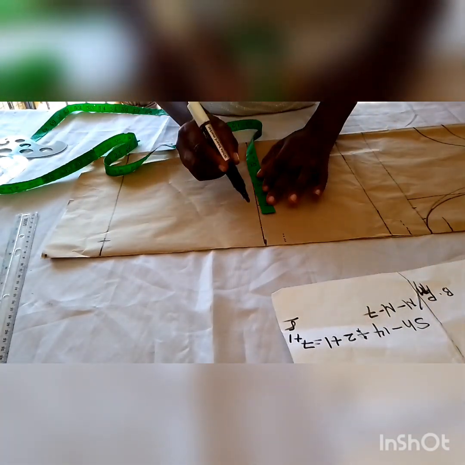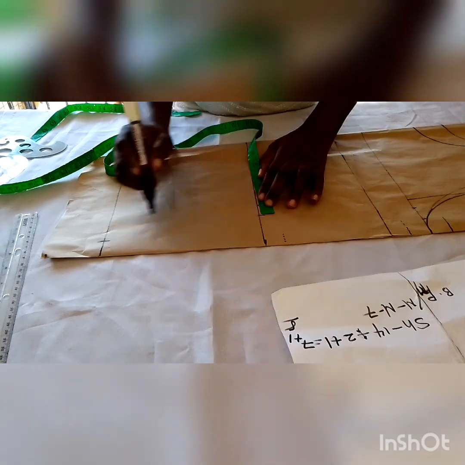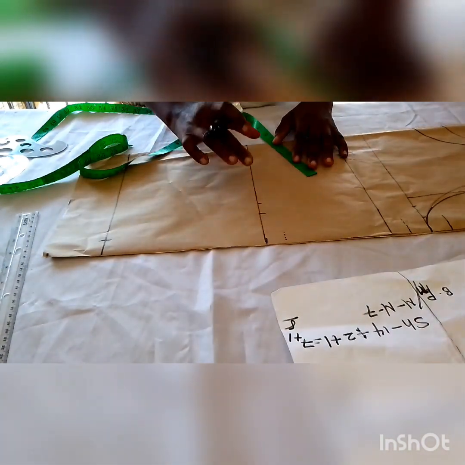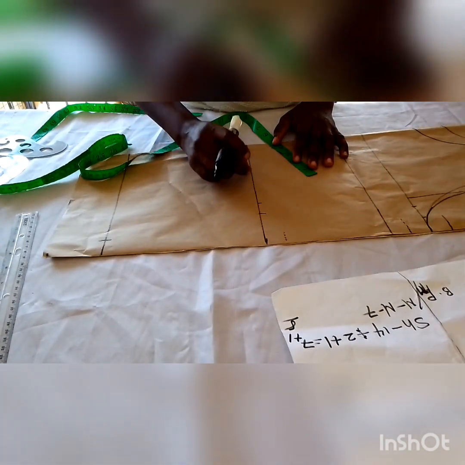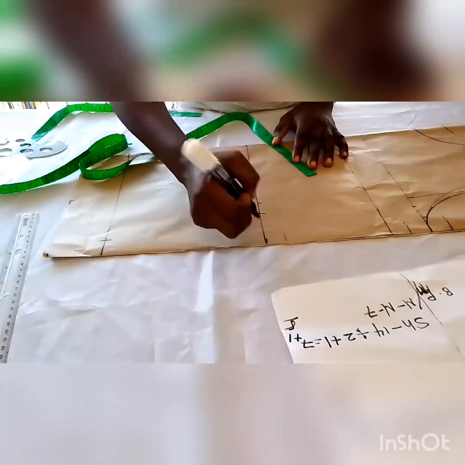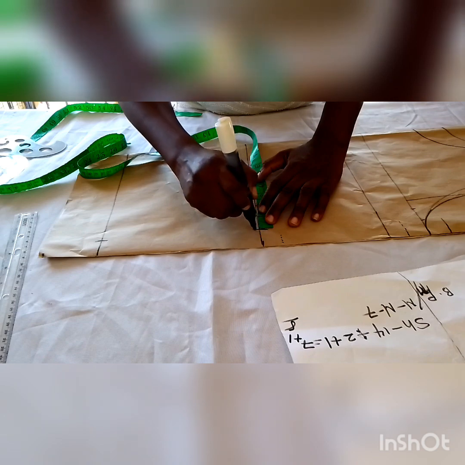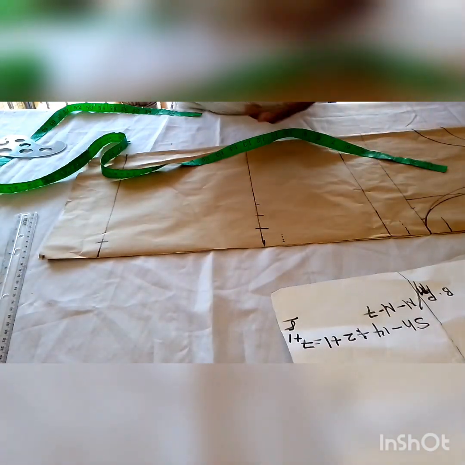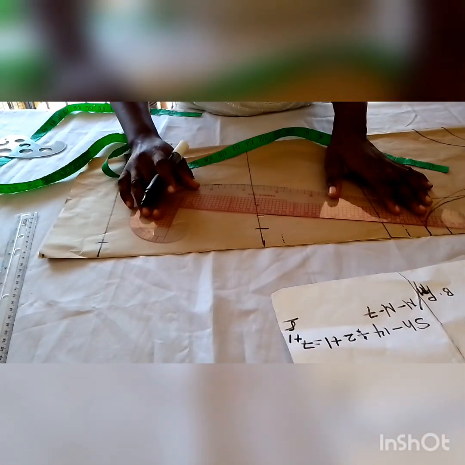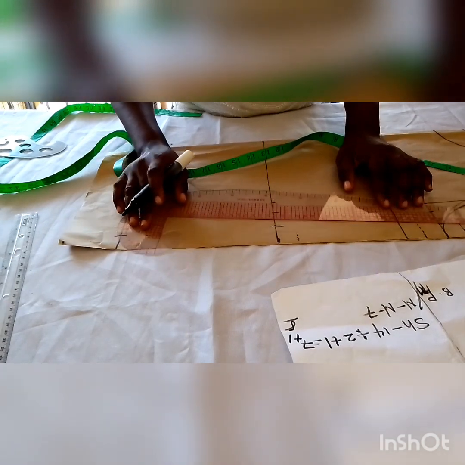So I'm adding allowance now, 1 inch allowance on each line: the bust measurement, the waist and the hip. But on the waistline I'm adding an extra 1 inch allowance because I'll be teaching us how to put a dart on the waist.